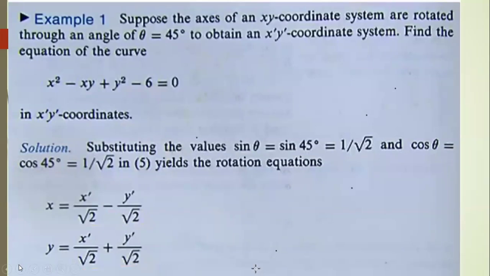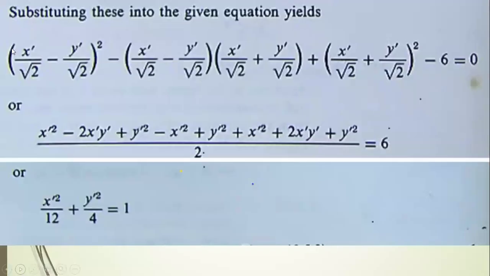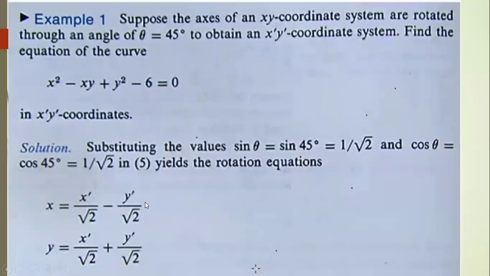The next thing we would have gone and done is substitute into the given formula. This part is basically we're taking these values, the x value, and putting it into the equation wherever x is.